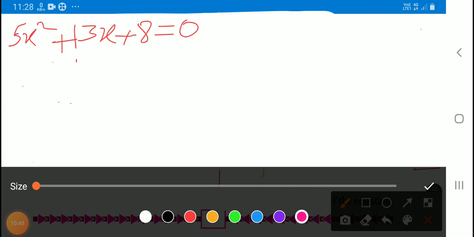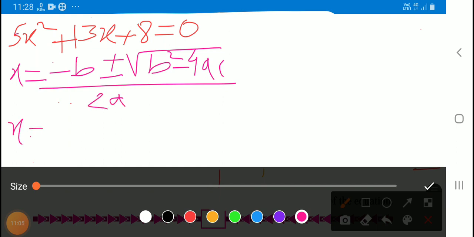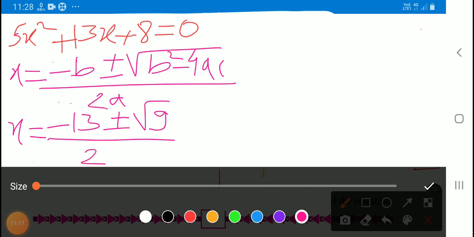So now I will write the formula. x is equal to negative b plus or minus under root b square minus 4ac upon 2a. Okay, now I will put the values. Negative 13 plus or minus the value of b square minus 4ac, it was 9, upon 2a, so 2 multiplied by value of a is 5.